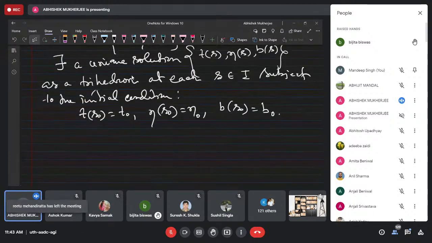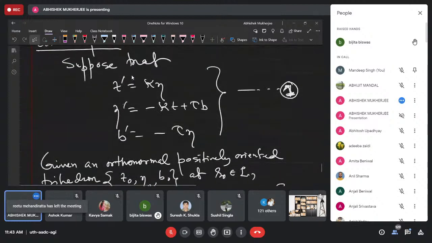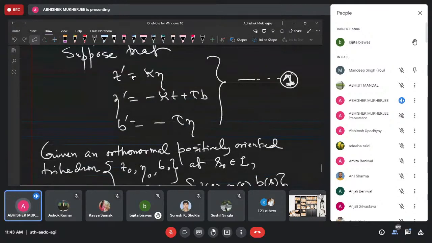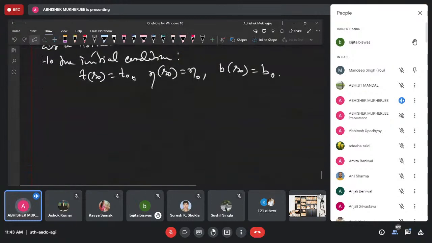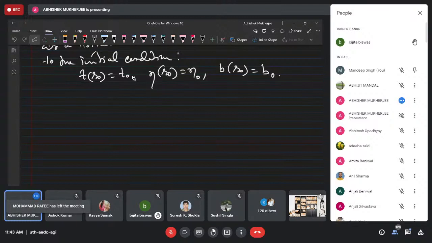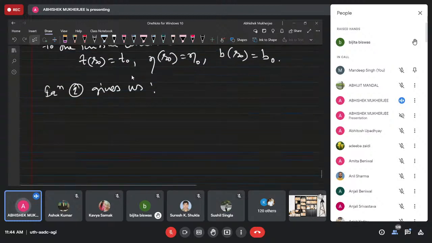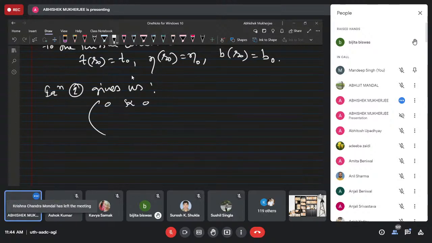So now you can observe that from one, equation 1 gives you a skew symmetric matrix, that is, 0 kappa 0, minus kappa 0 tau, and 0 minus tau 0.